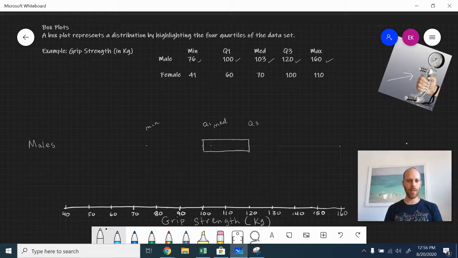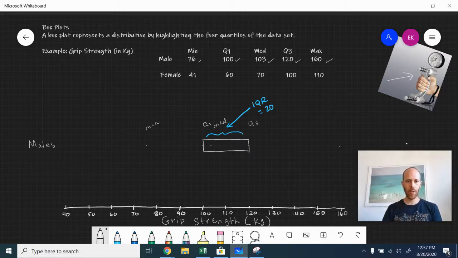And that box that I just drew represents the interquartile range, which in the case of this data set would be from 100 to 120. So that would be an interquartile range, or a spread, of 20 pounds.